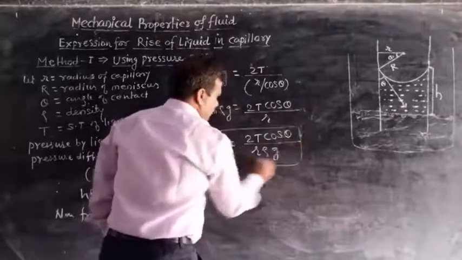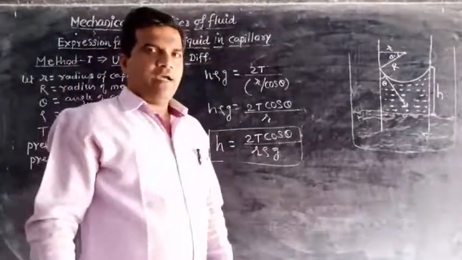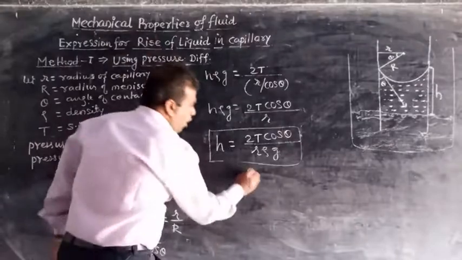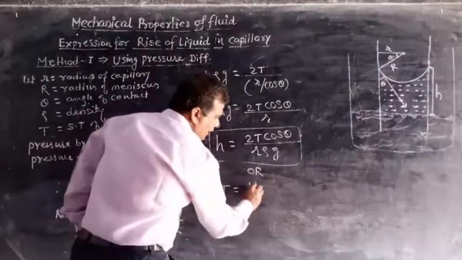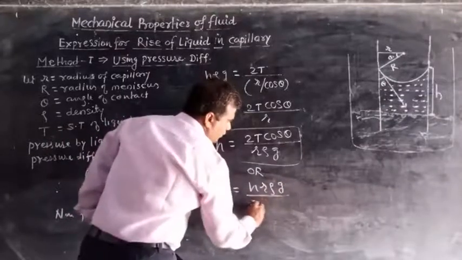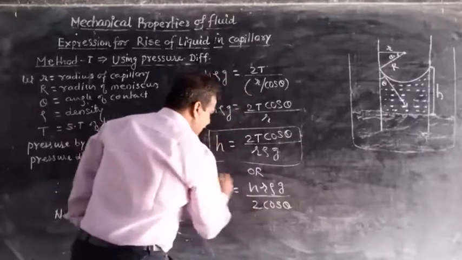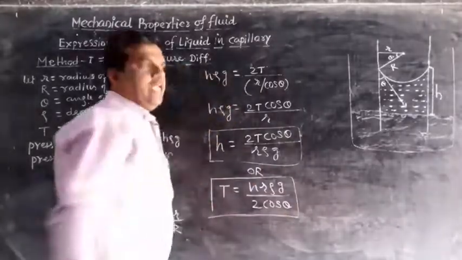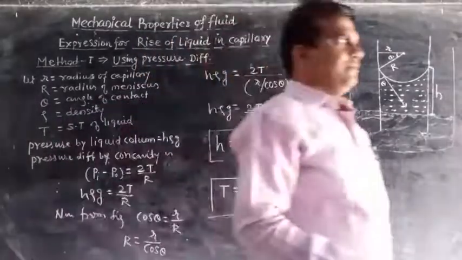This is an expression for the height to which liquid rises in the capillary tube, or the surface tension can be written as h r rho g upon 2 cos theta, and this is the formula for surface tension of liquid, and this is by using the pressure difference.